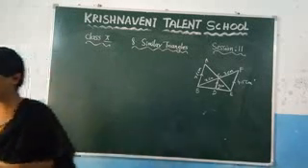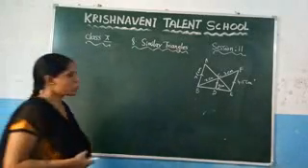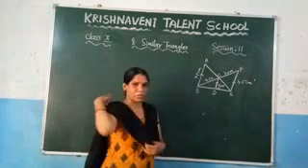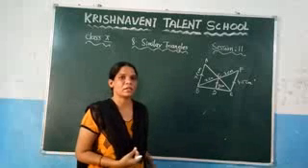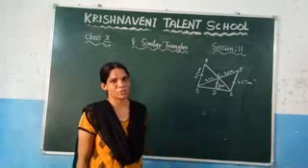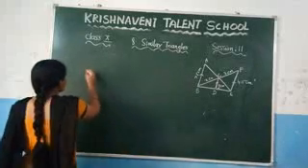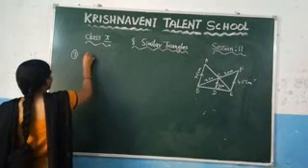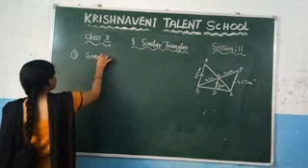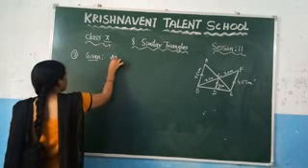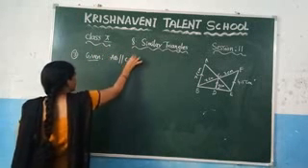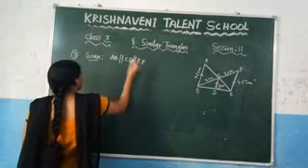Now here, to solve this problem, we are going to use the similarity concept. We can use it here. So let us write what is given first. The third problem: AB is parallel to CD is parallel to EF.